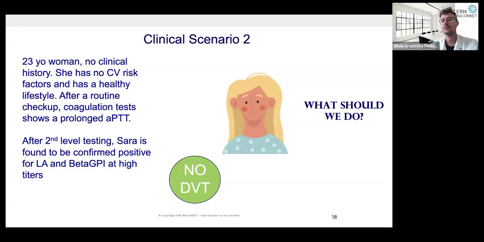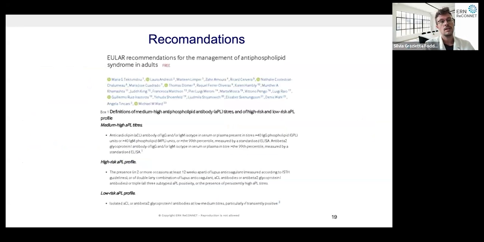But what should we do? Should we follow up Sarah? Should we give her some medication? Luckily, the EULAR recommendation again comes to help, because for patients at high risk of developing a clinical manifestation of APS, we can give primary thromboprophylaxis with the use of cardioaspirin mainly.